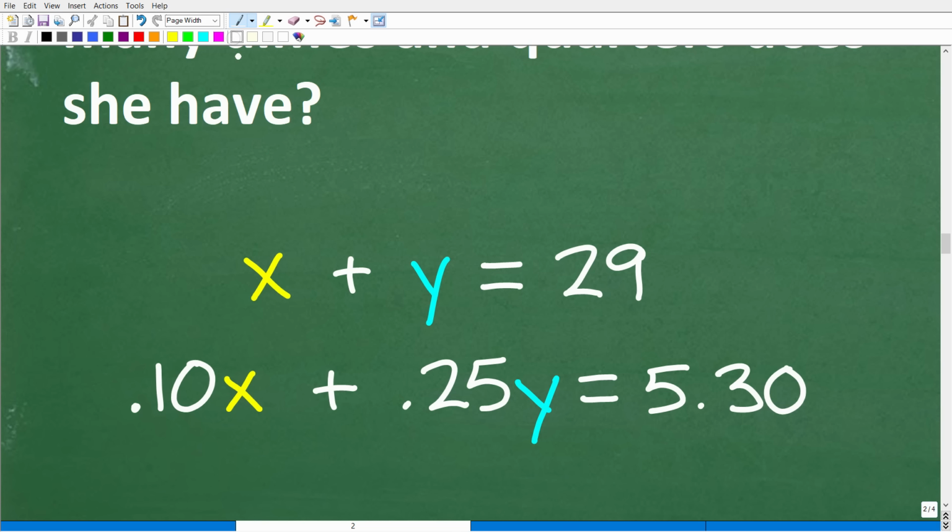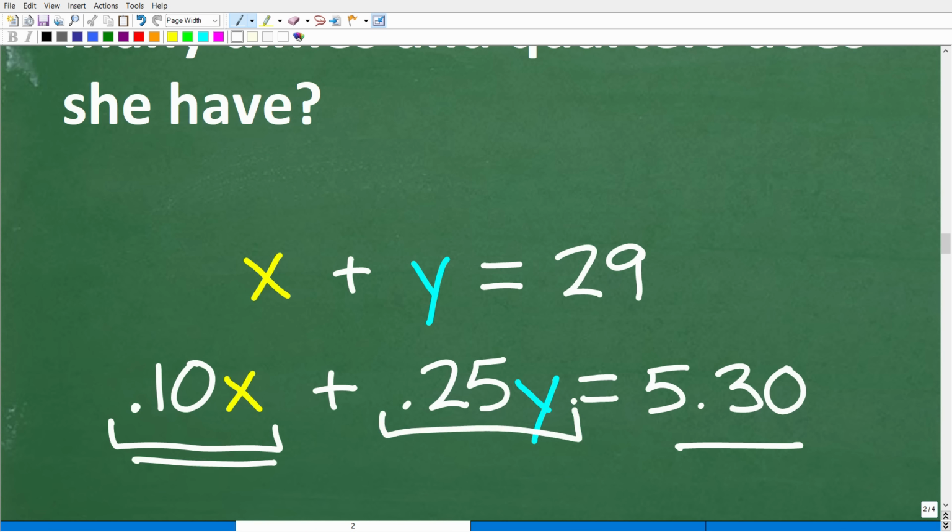So what is the total value of all these dimes and quarters? Well, it's $5.30. So if she has x number of dimes, that is worth, in terms of dollars, 0.10 times the number of dimes she has, right? So this is the value of all those dimes, and the value of all her quarters would be 0.25 times y, the number of quarters that she has. So this is the value.